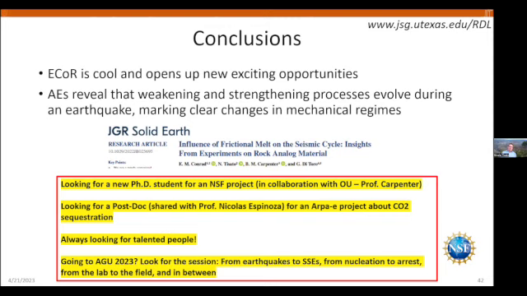And we found in our experiment that acoustic emissions really reveal when there are weakening and strengthening processes. The question is, can we see that in nature? That's something to talk about with seismologists. And these acoustic emissions clearly mark changes in mechanical regime.